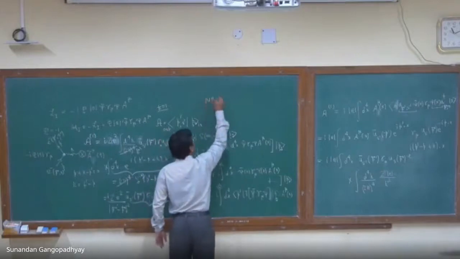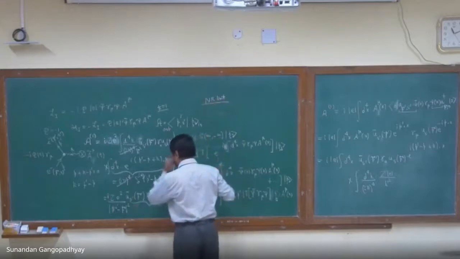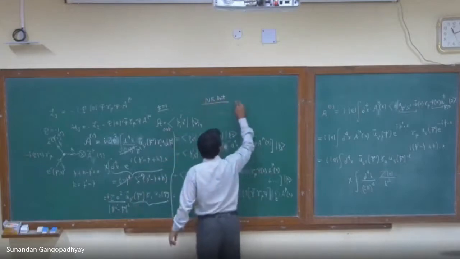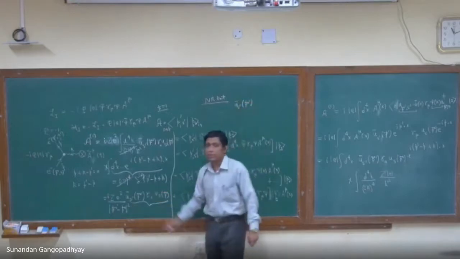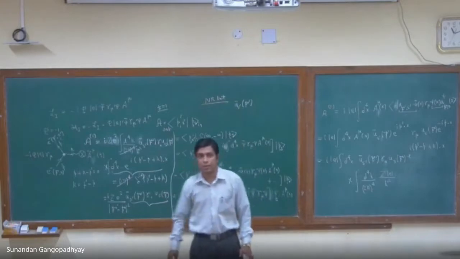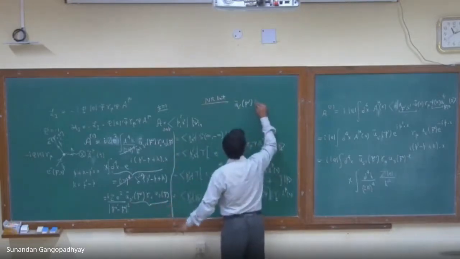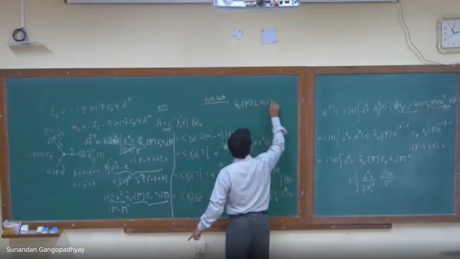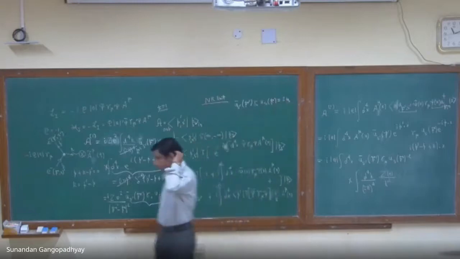With the non-relativistic limit, this u bar s prime u s. Physically, what happens in the non-relativistic limit is that you don't care about the spin of the particles, right? And therefore, this factor that you have here becomes twice m, twice the mass of the electron.